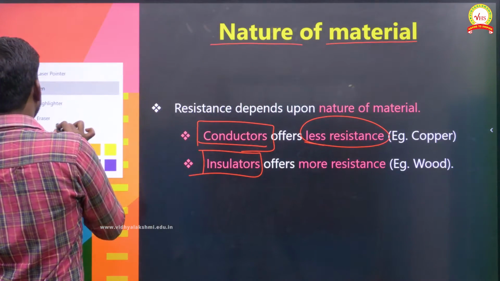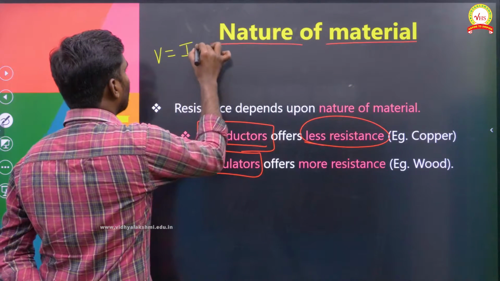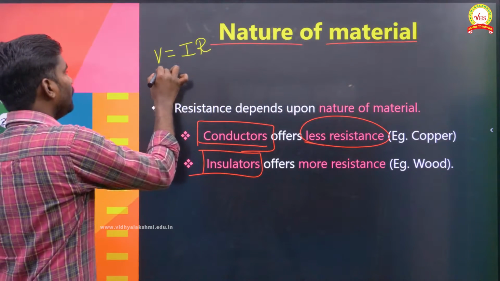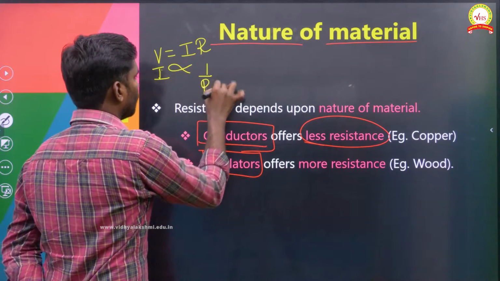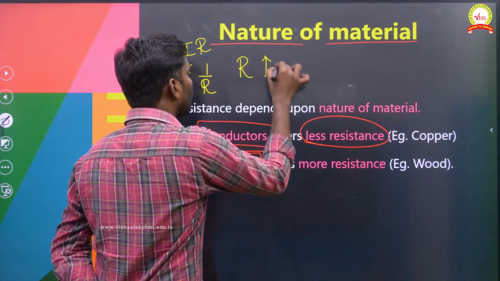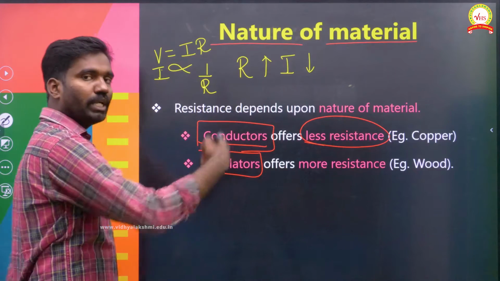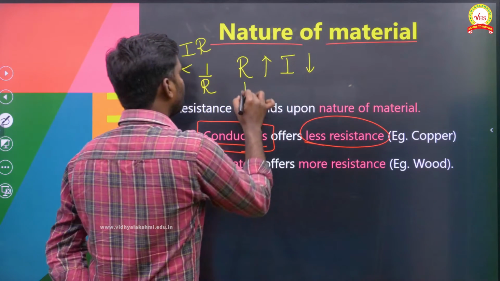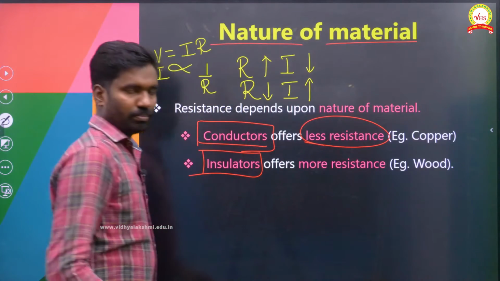We already know the formula V is equal to IR, so you can say that I is inversely proportional to R. If the resistance of the material is more, it will allow less current, because both are inversely proportional to each other. If resistance is less, then it will allow the current to pass through, right?